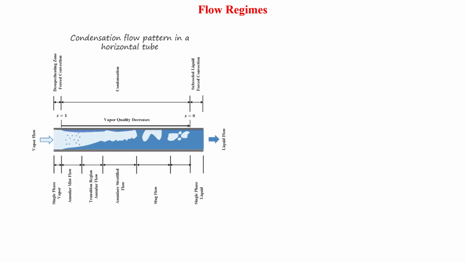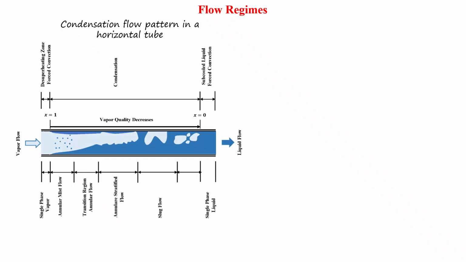The flow regimes in the condensation process when the fluid passes through a horizontal tube can be shown in this illustration where the vapor enters. It could be superheated vapor, where its temperature is higher than the saturation temperature corresponding to the operating pressure, with the quality X equal to 1, that is vapor 100%.